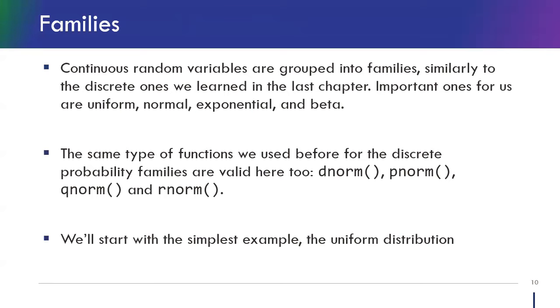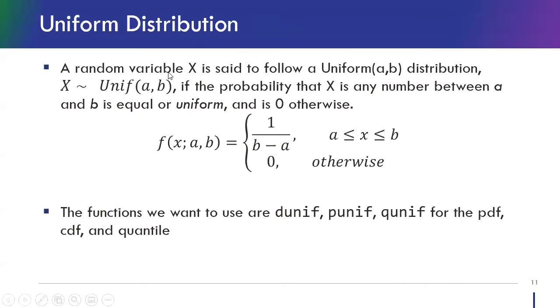But let's start with the simplest distribution for continuous variables, which is the uniform distribution. We always denote it as unif(a, b). a and b are the two ends of the range that your random variable X would fall in. And the probability that X is any number between a and b is equal.